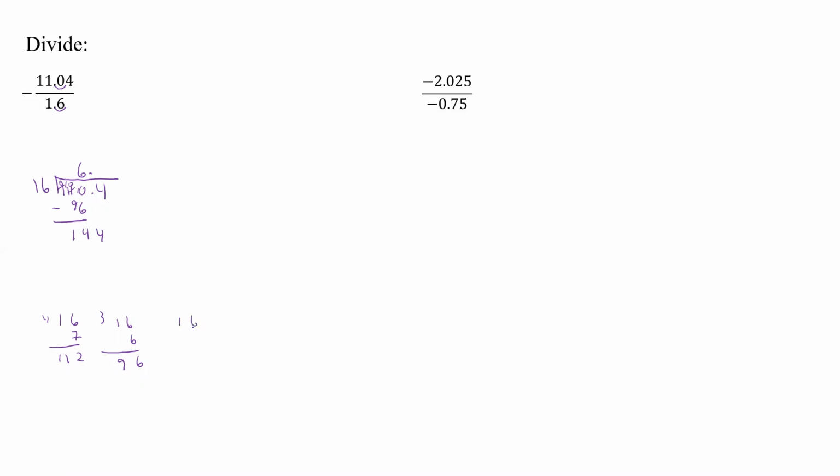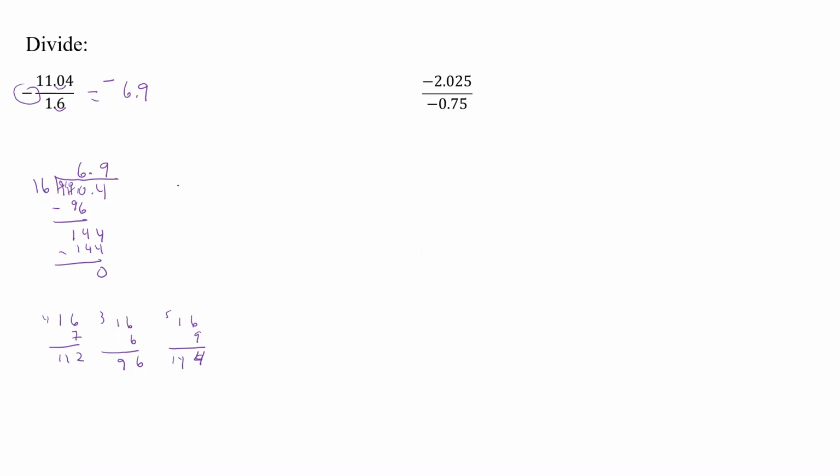If we take 16 times 9, that'll give us a 4, because that's going to be 54. And then 9 and 5, that's going to be 14. And so we have 6.9, so give us 144. Subtract that, that's 0. So that gives us a negative 6.9 because we had that negative out front. We have to remember that's a negative still.